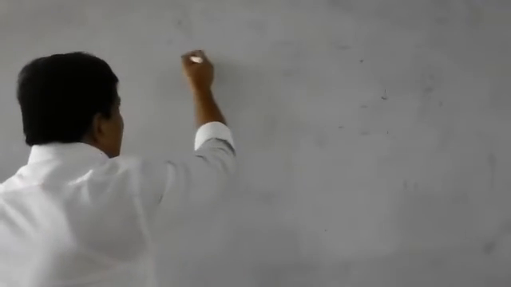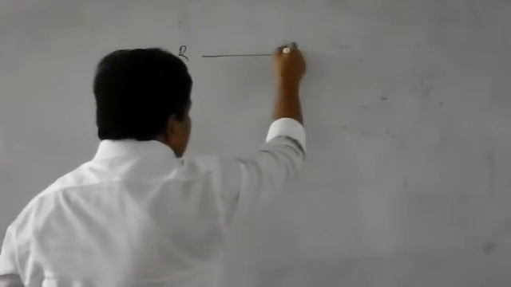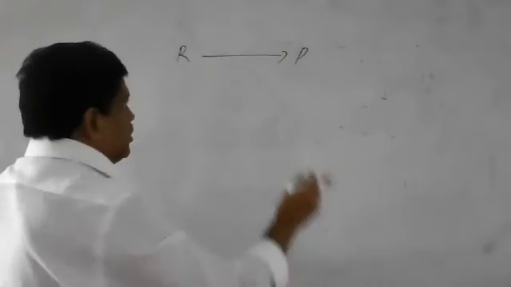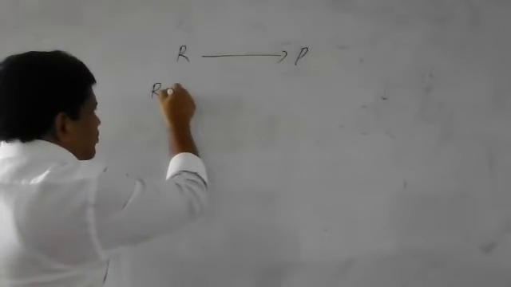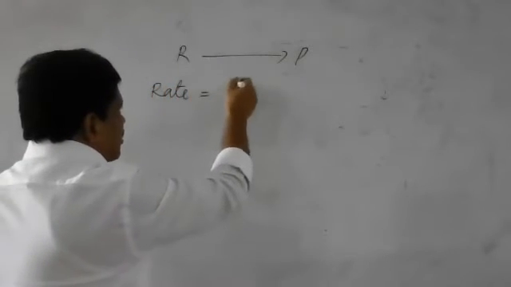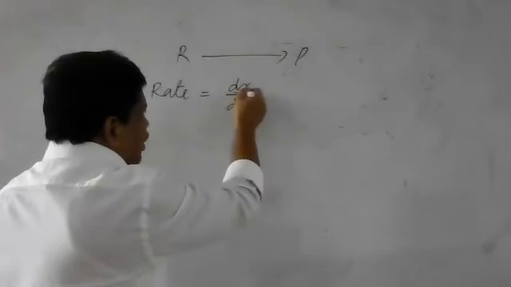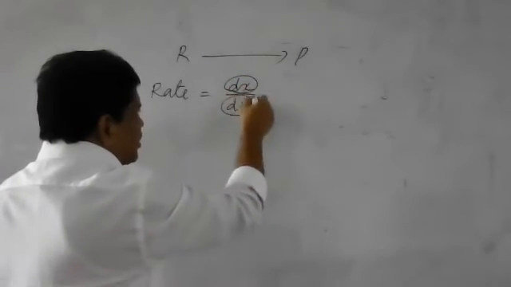Suppose one example: reactant gives rise to product. Now what is the rate here? dx by dt means the change in concentration by change in time.